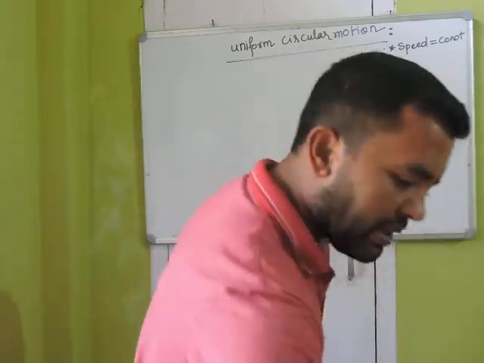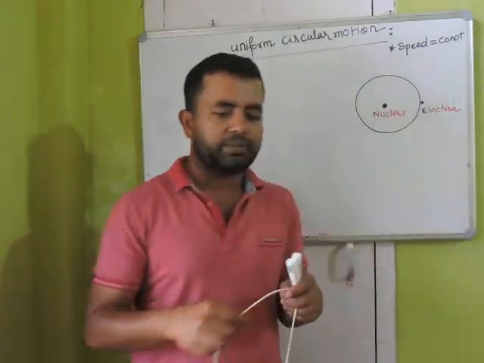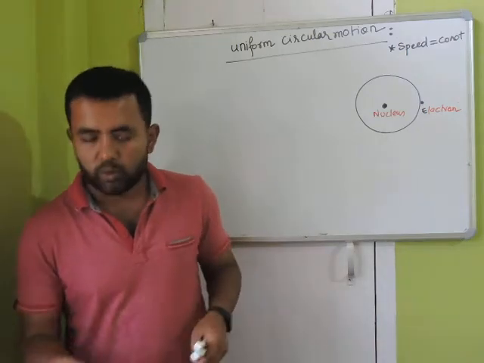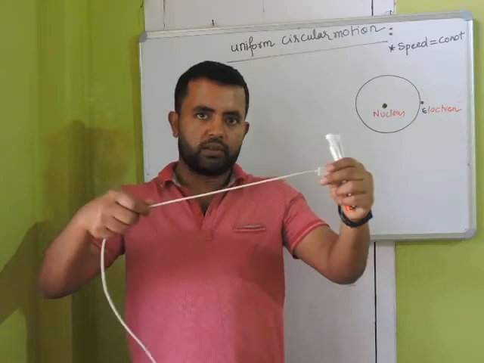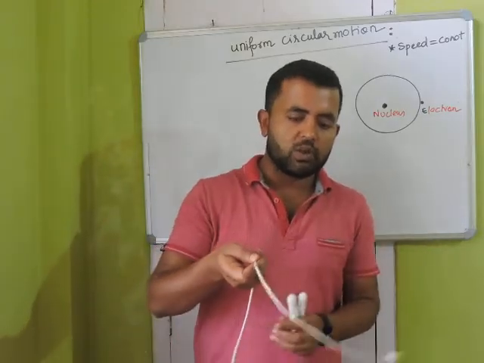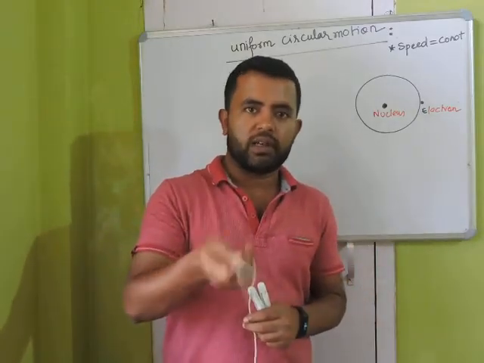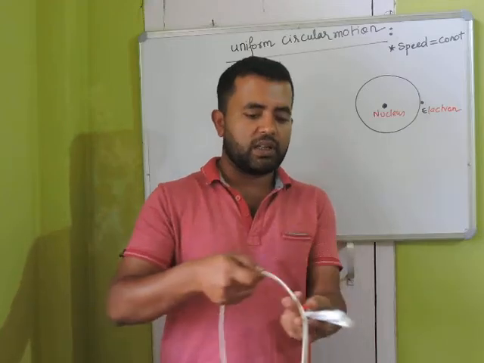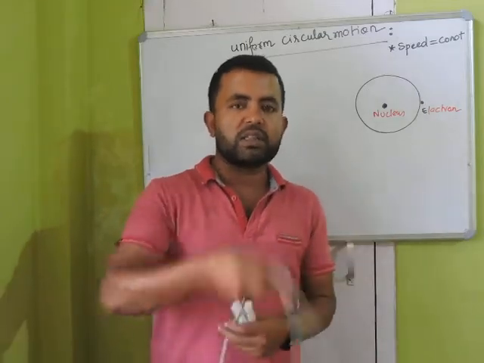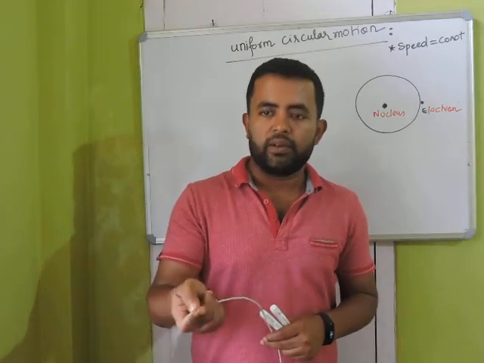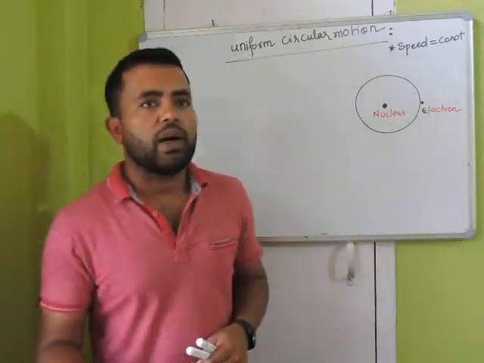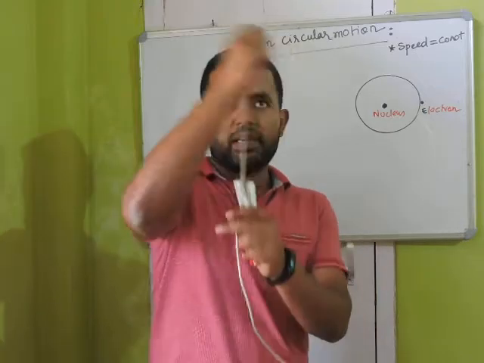One simplest example is, suppose you have a stone tied to a string. This is not a stone, but I can make it go in a circle, and the radius of the circle is this. This is called horizontal circular motion. Now I can also make it go like this.